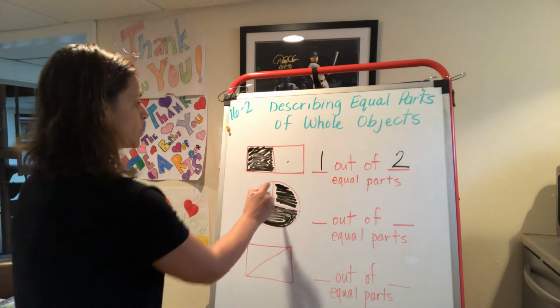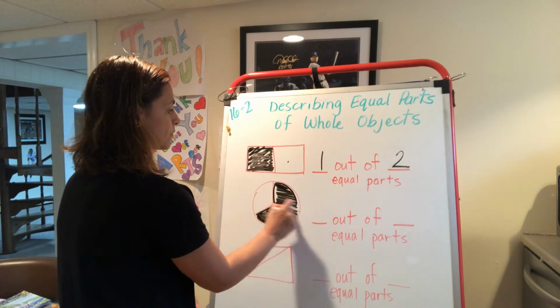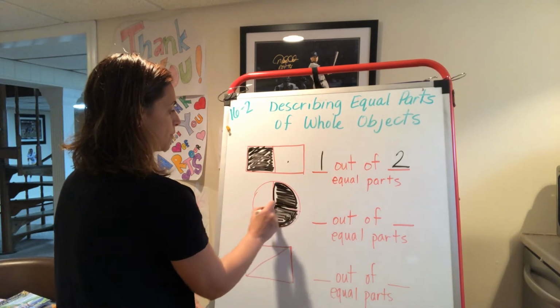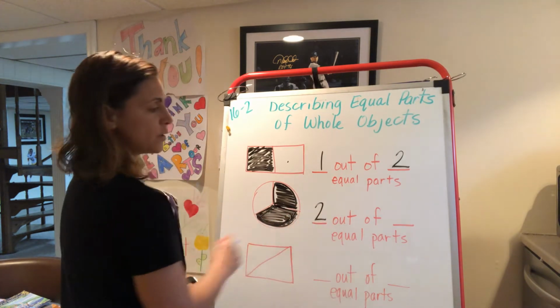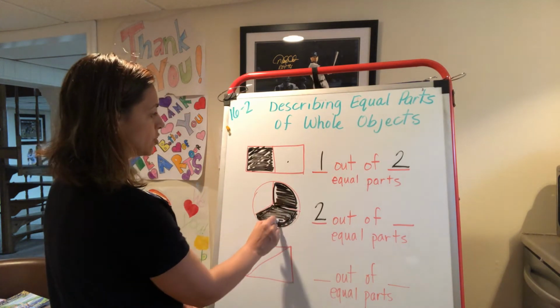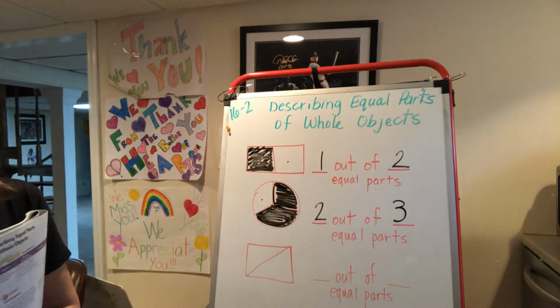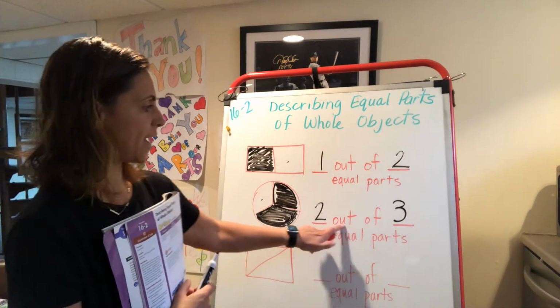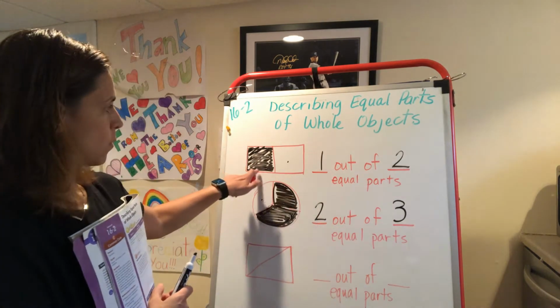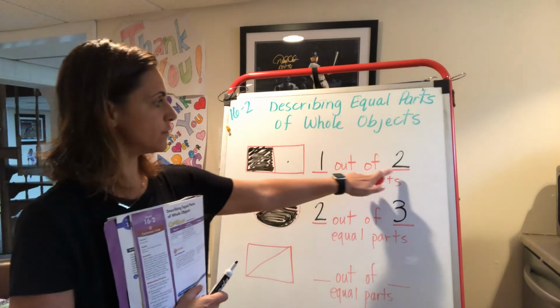So I count 1, 2. 2 out of 1, 2, 3 equal parts are shaded. 2 out of 3.